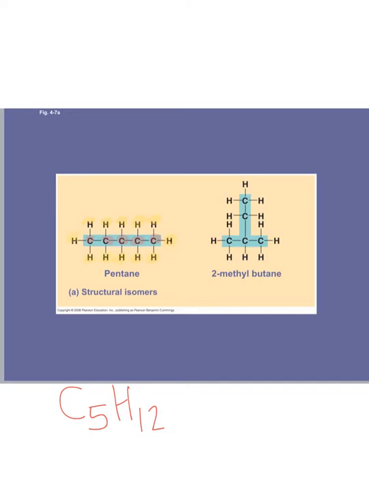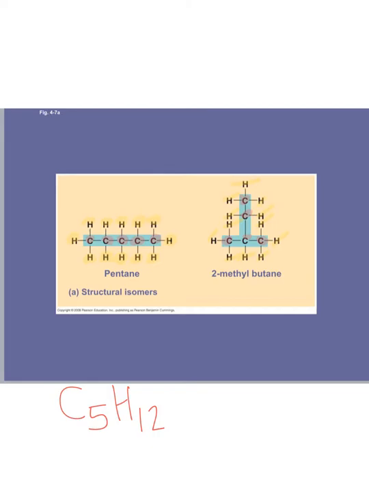Let's look at 2-methylbutane. We have 5 carbons, and we have 12 hydrogens. But you can see that the arrangement of these molecules is different.